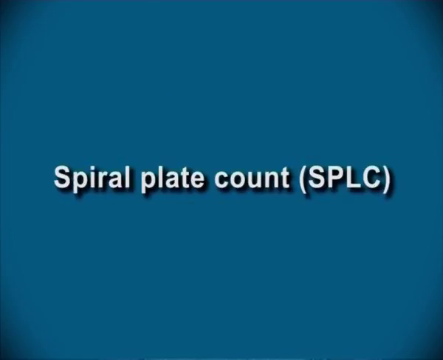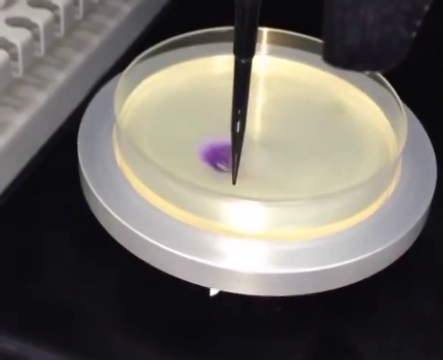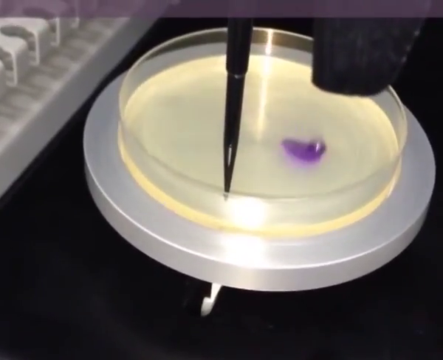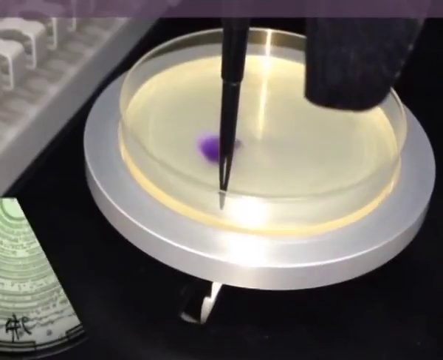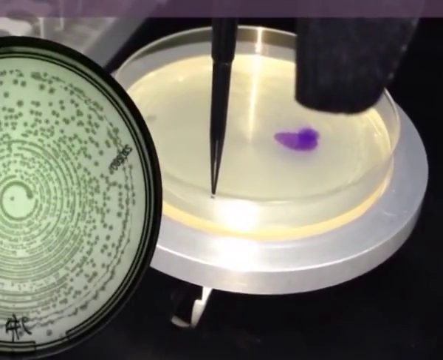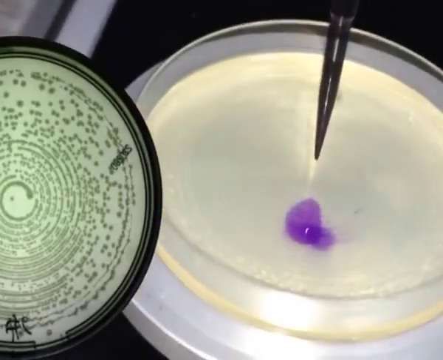Let's learn about spiral plate count or SPLC. The spiral plate count SPLC method is used for counting microorganisms in milk, food and cosmetics. In this method, a mechanical plater inoculates a rotating agar plate with liquid sample. The sample volume dispensed decreases as the dispensing stylus moves away from the center to the edge of the rotating plate.